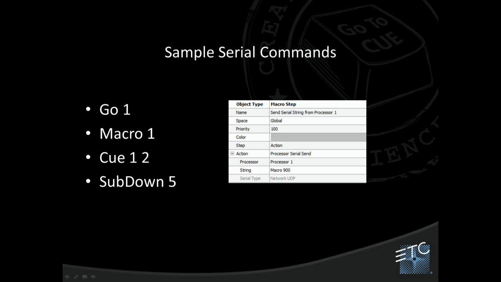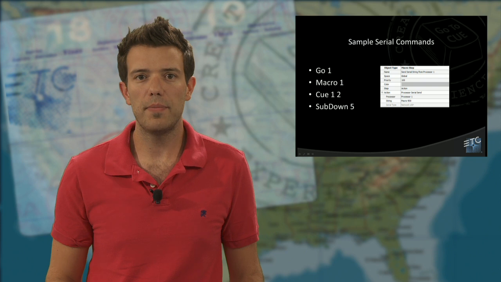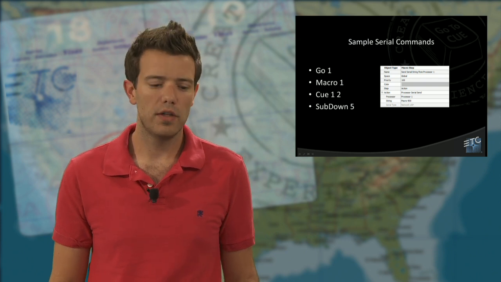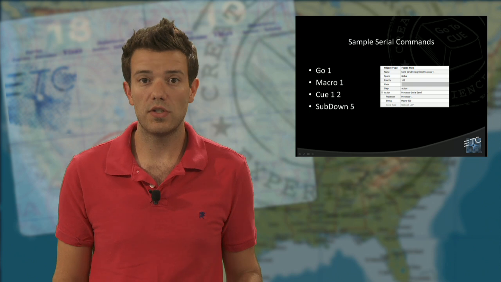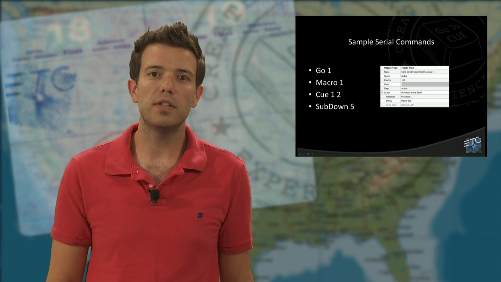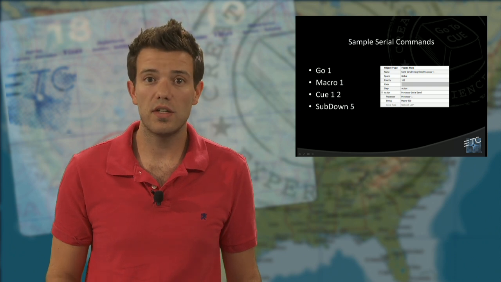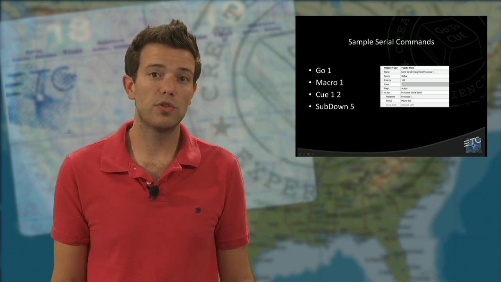UDP is simply just network serial. So if you needed multiple buttons on your iPad and maybe you didn't have a client dongle to control your console from a laptop, but you still needed the ability to control from a wireless location, you could actually send a UDP signal to control your show.